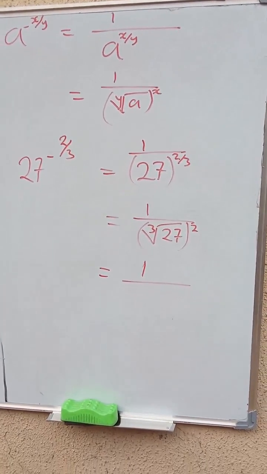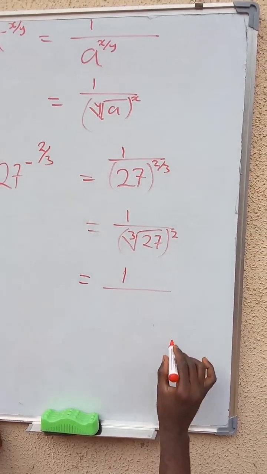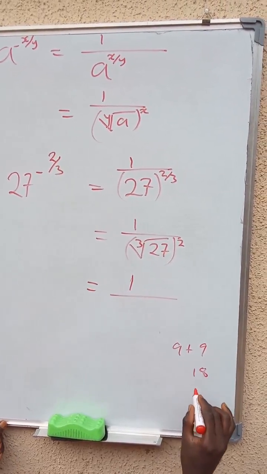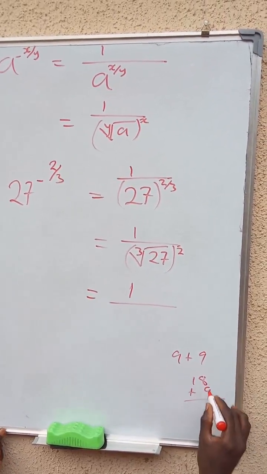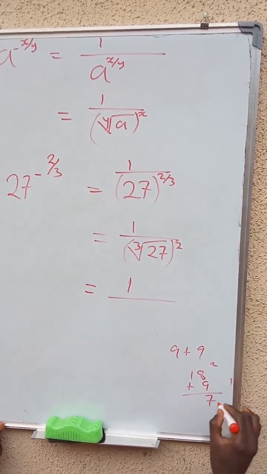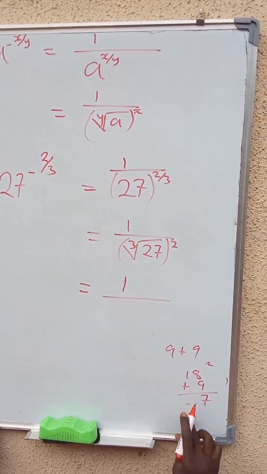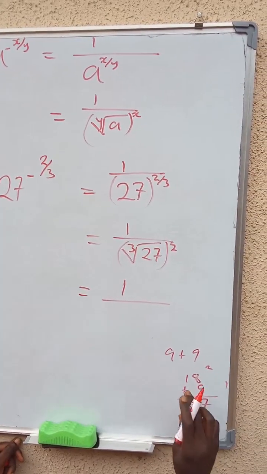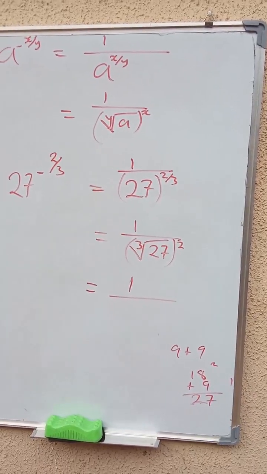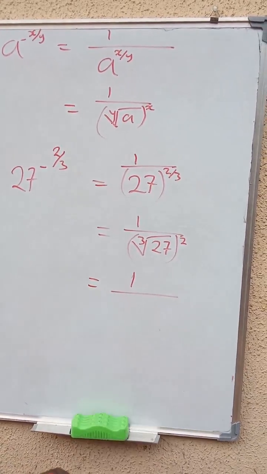And 9 times 3 is what? 9 plus 9 will give me 18. 18 plus 9 is 27.